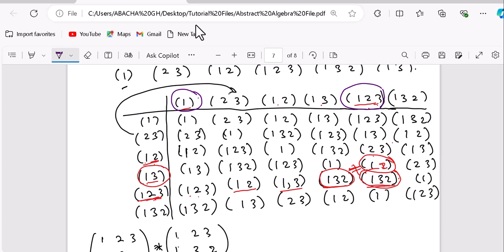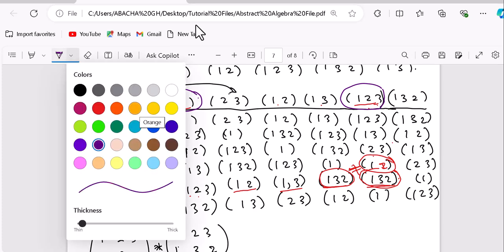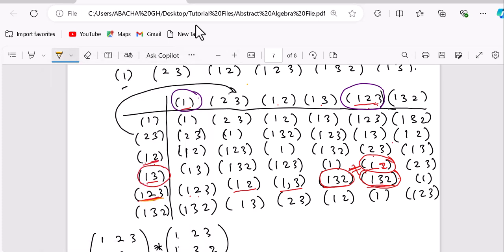Now we are going to test the last one. If we test (1 2 3) again, going to this element here, we are getting the identity. Now (1 3 2), going to (1 2 3), going to this element here, we are getting the identity as well.